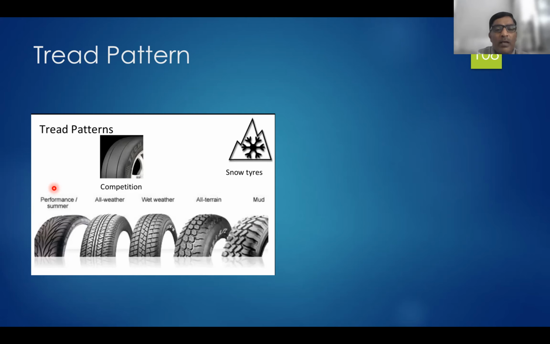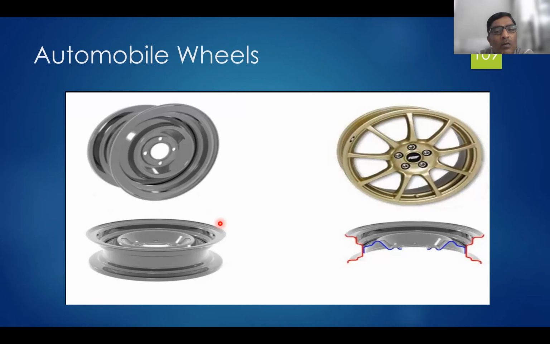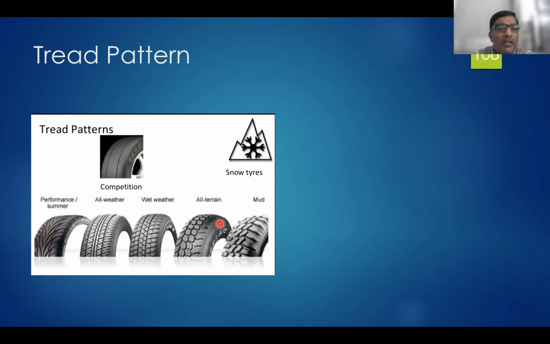Whatever purchasing we are initially making, along with that they are giving the tires, so the brand may be different. Based on the type of vehicle, one of the tread pattern tires will be given. Okay, so this is about the tire.